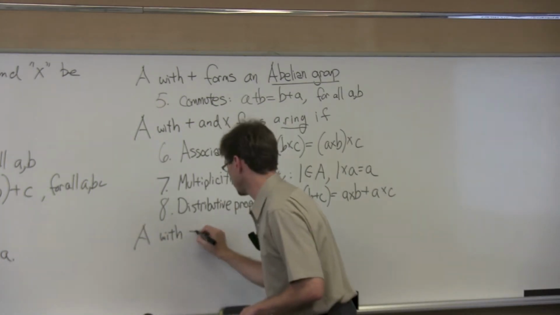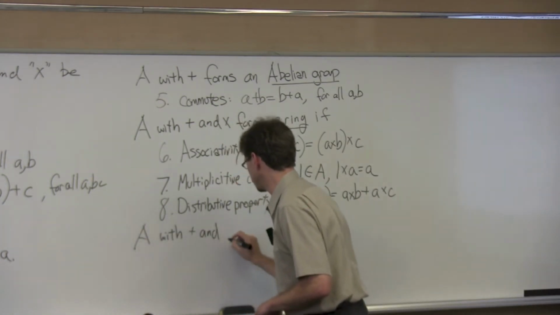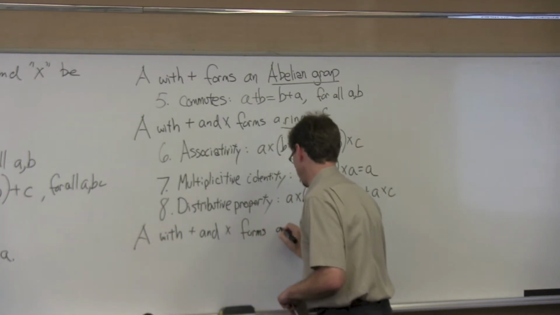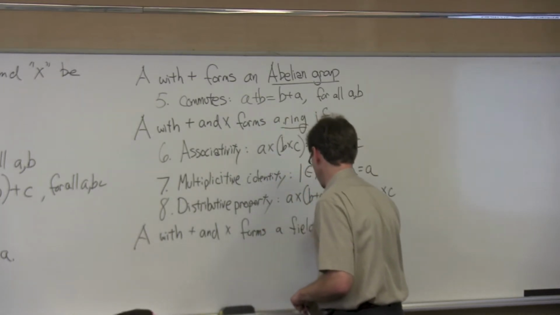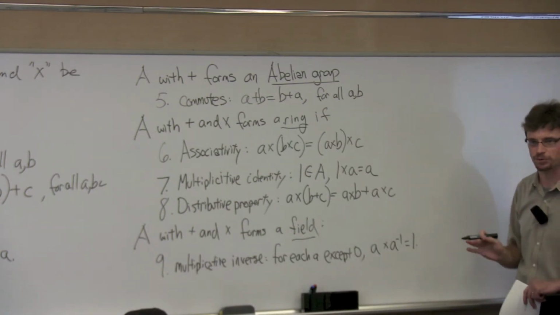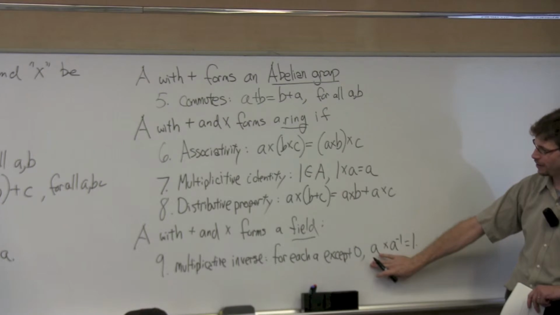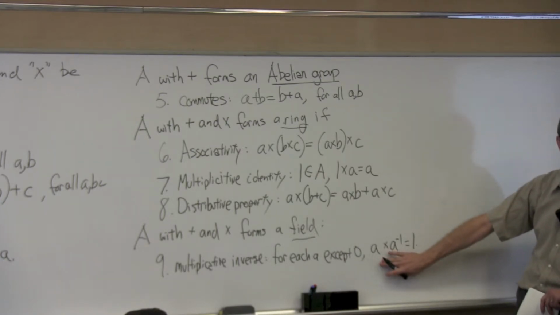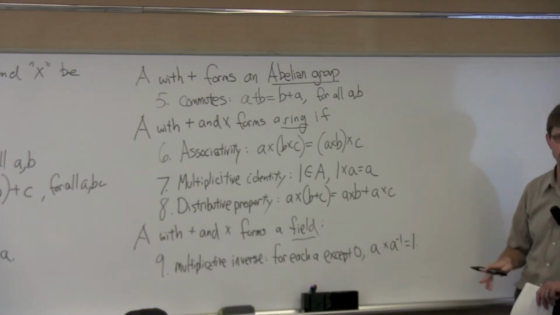A with plus and times forms a field if you also have multiplicative inverses. A field is a place where you can add, subtract, divide, and multiply. So if you get all the way down to dividing, then you have a field.